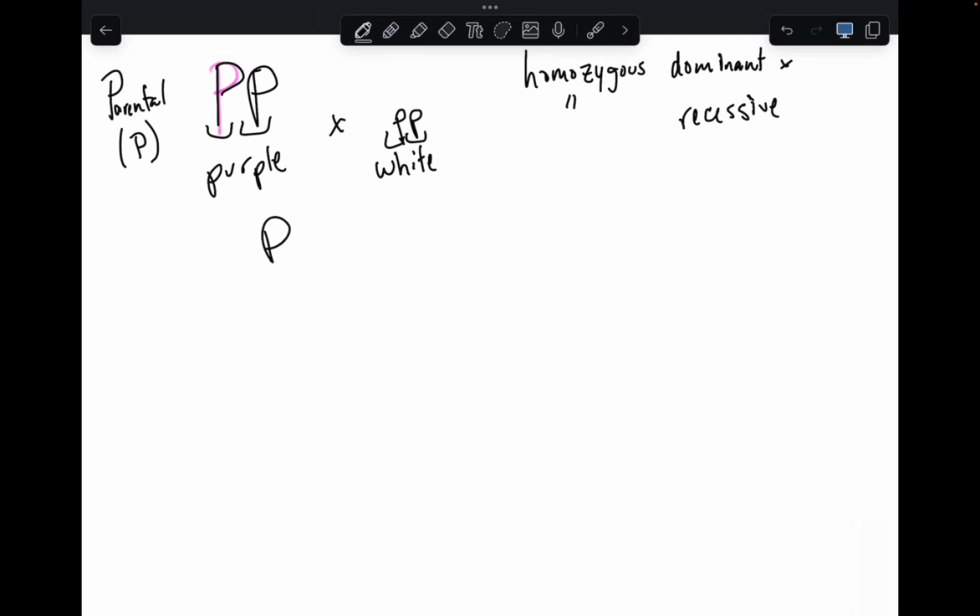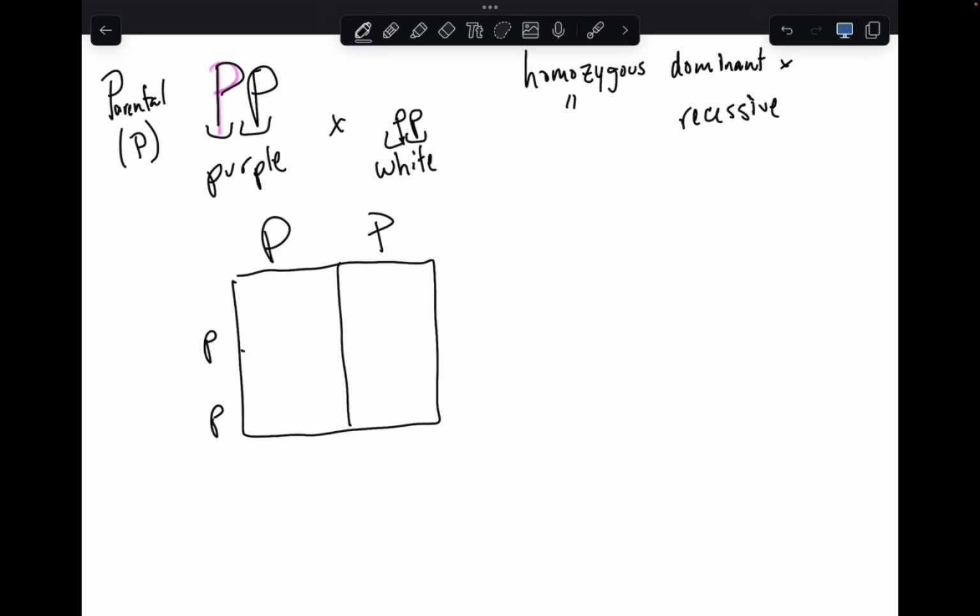We do big P, so we have one parent on top, little p, one parent on the side, and we draw a square that has the number of alleles that we're dealing with.